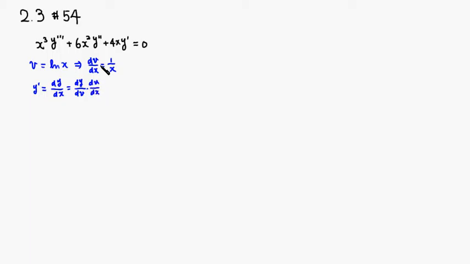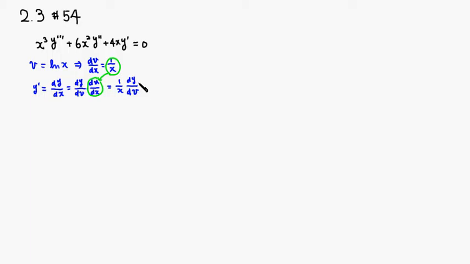Then you can plug in 1 over x, because dv over dx is 1 over x. So we get 1 over x times dy over dv.